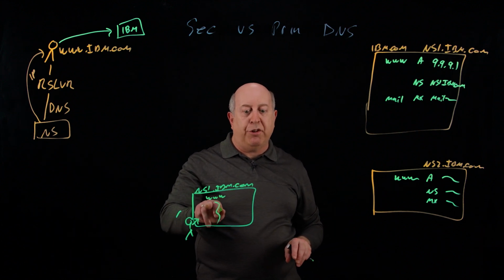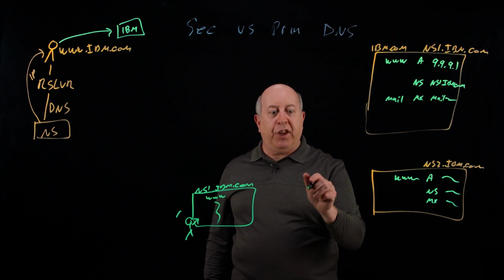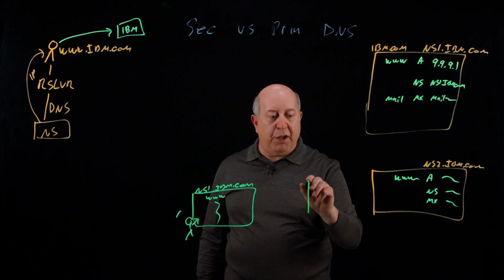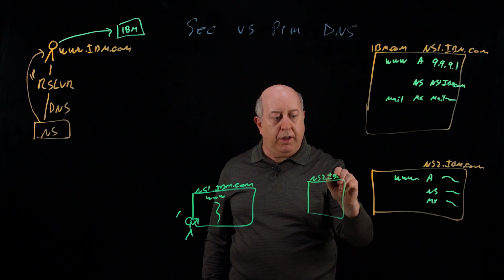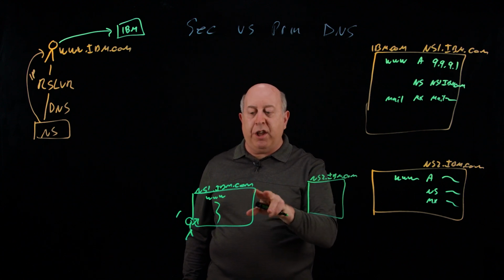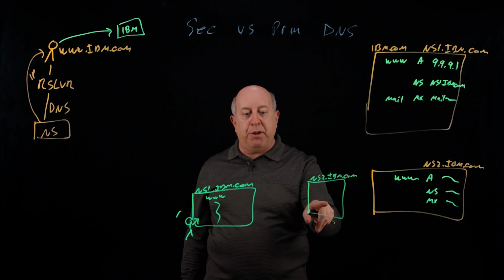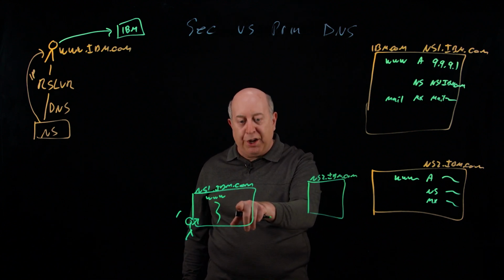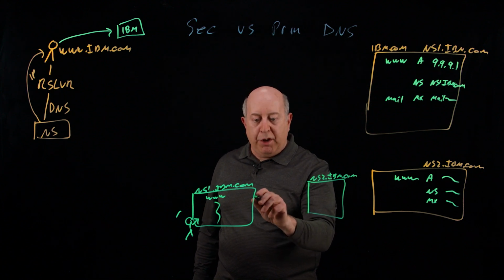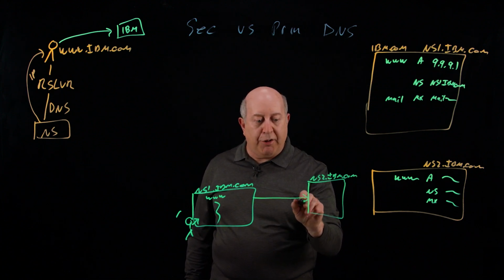I'm interacting with this server. Now I want to set up my second server, ns2.ibm.com. And I want to make it so that ns2.ibm.com automatically gets a copy of whatever I do in ns1.ibm.com. So I want to be able to copy the records over.